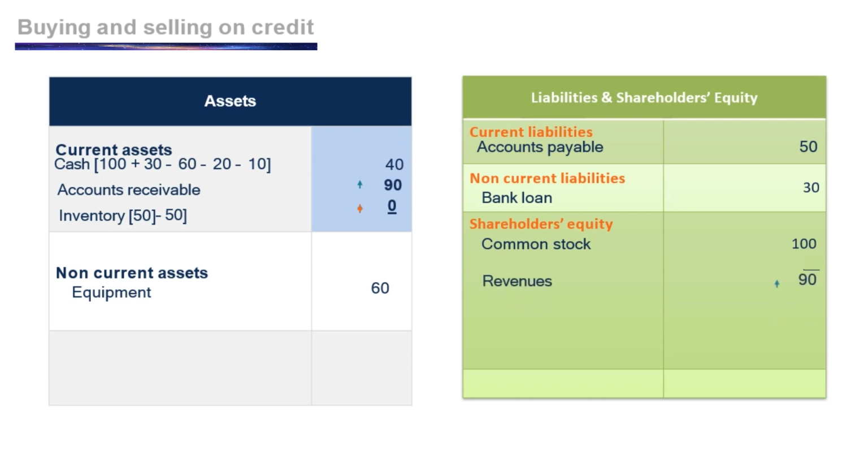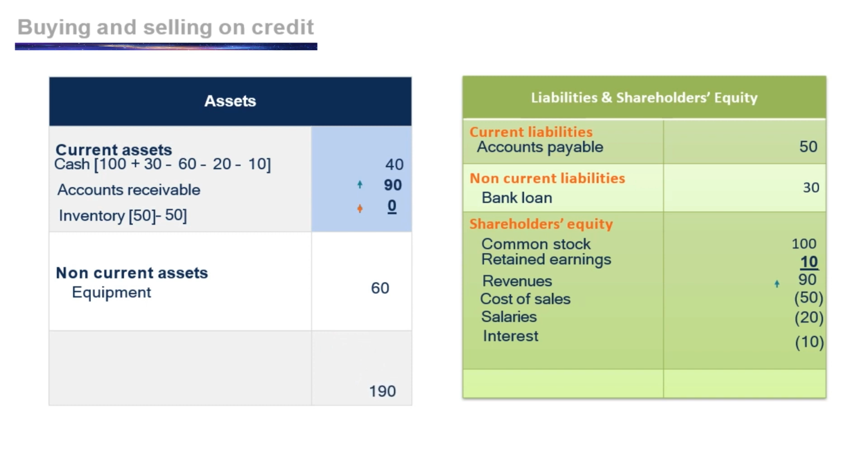So we are supposed to recognize revenue of 90, but remember the revenue cost us 50, and then we paid salary of 20, and then we paid interest of 10, giving us the profits that we recorded in our retained earnings of 10 under the shareholders' equity side. So when we add up the asset side, you can add 40 plus 90 plus 60, we come up with 190.